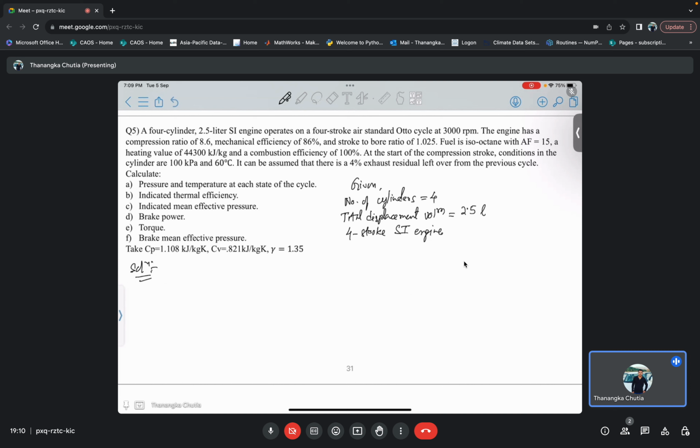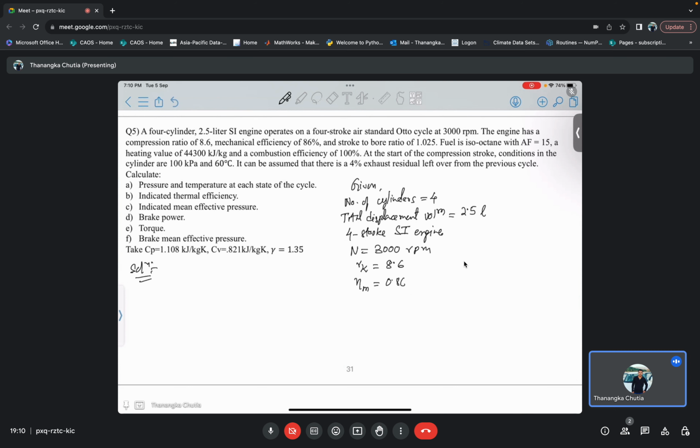Then your RPM N is given as 3000 RPM, revolutions per minute. Your compression ratio Rk is given as 8.6. Mechanical efficiency eta is given as 86%, that is 0.86. Then stroke to bore ratio L by D is given to you as 1.025.